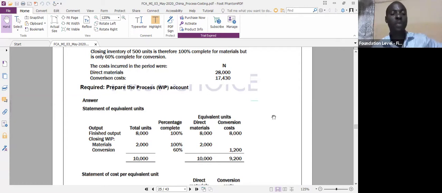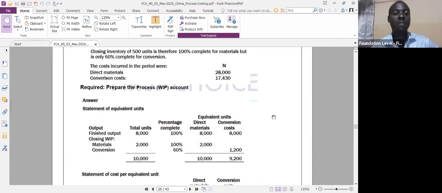We will now separate material from conversion. The closing work in progress is 2,000 units, making it 10,000 units. So how do we account for that 2,000 units? This is where we separate the percentage of completion. Materials is 100% complete because it was added fully at the start of the process.